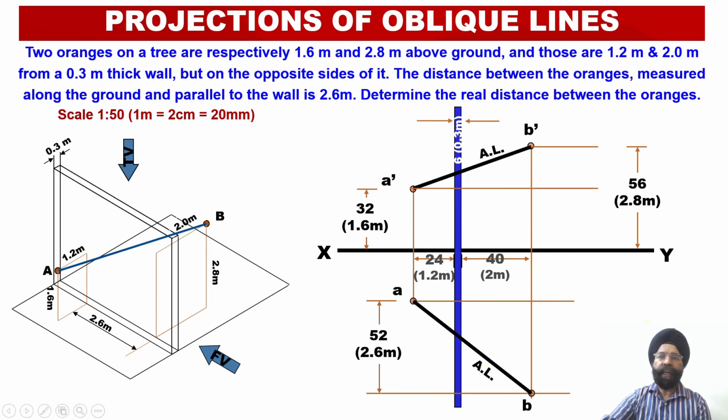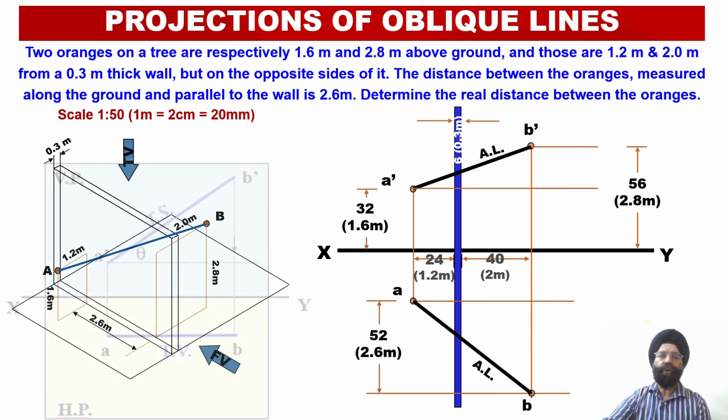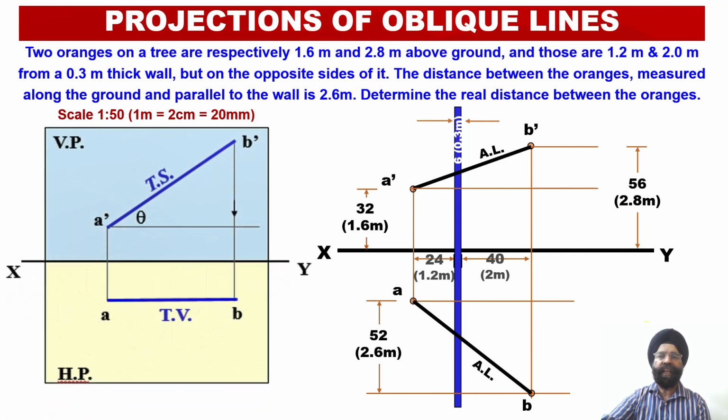Now, having obtained the projections of this particular line, we are going to use the principles of rotation of the line in order to obtain the true length of this oblique line in the front view as well as the true length of this line in the top view alongside their inclinations with HP and VP.